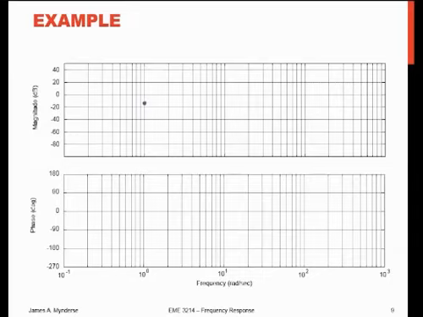So there's minus 18, and like this, with a slope of minus 20 dB per decade.